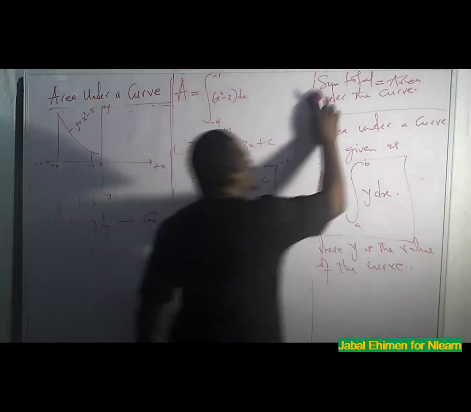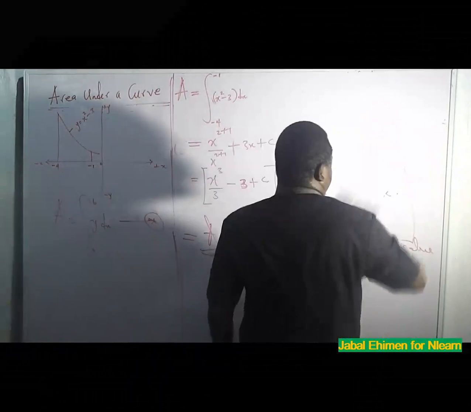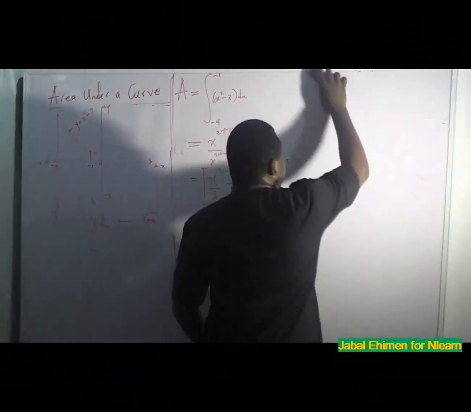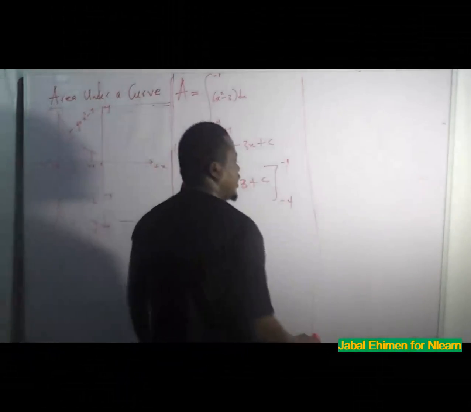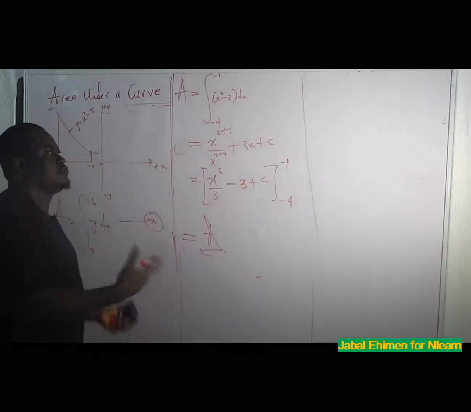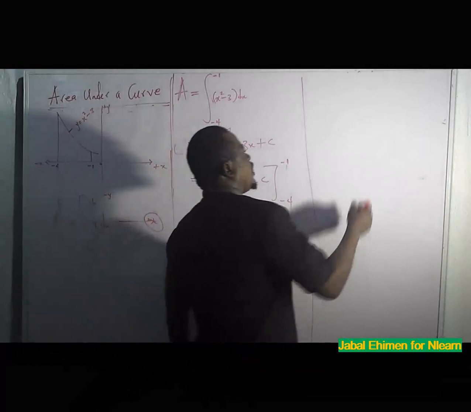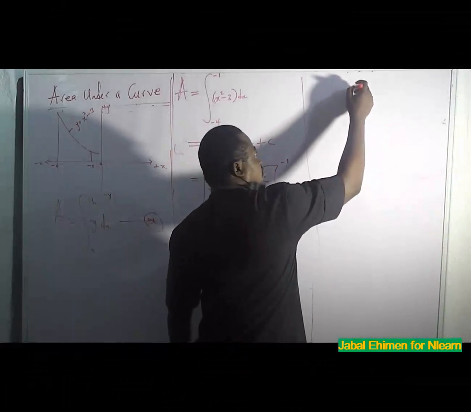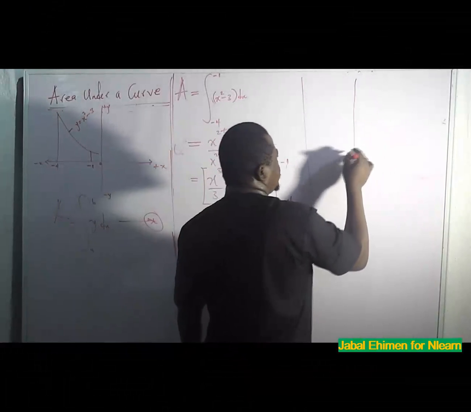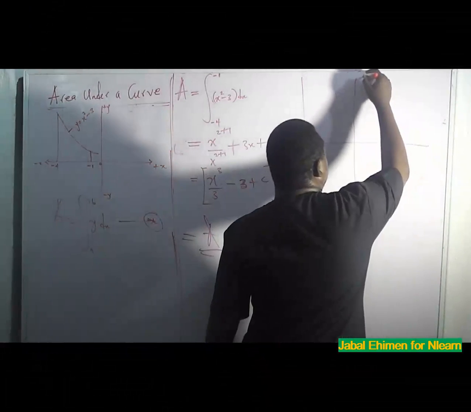So if, for example, you are having a situation where it tends to be elliptical, you can have values like this.